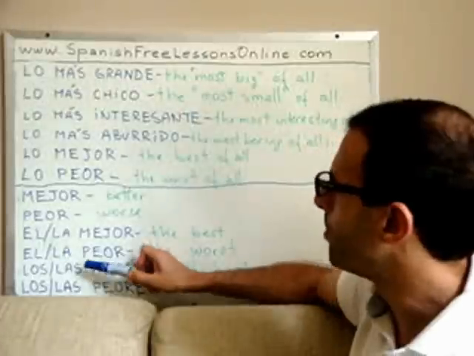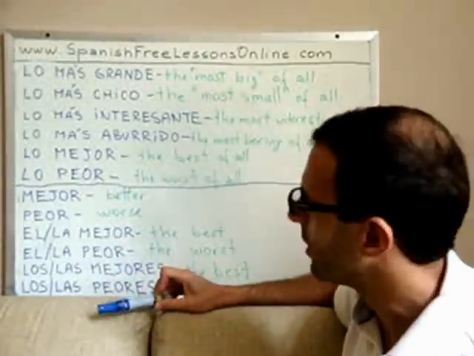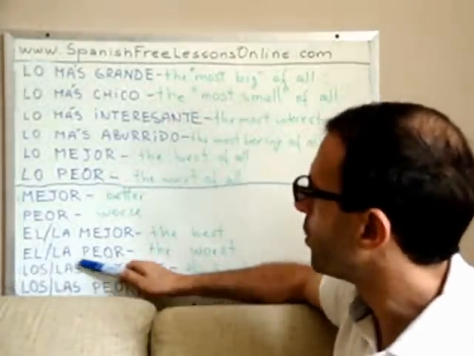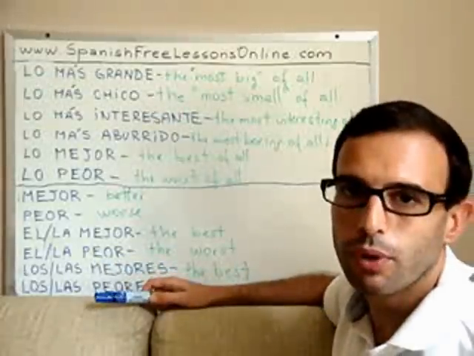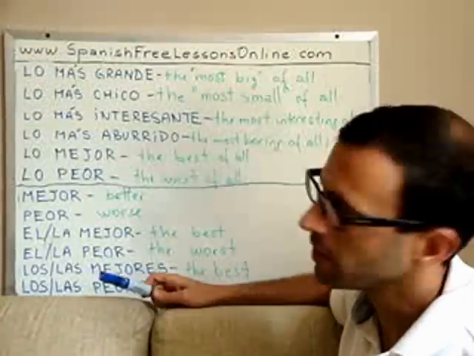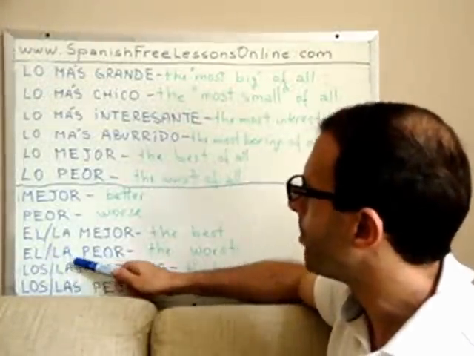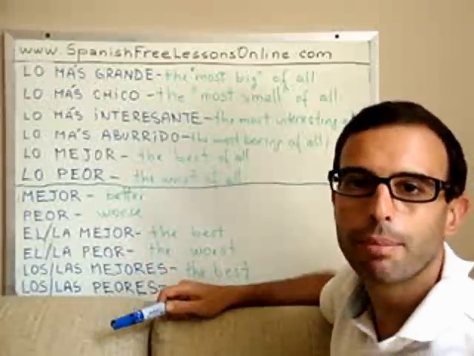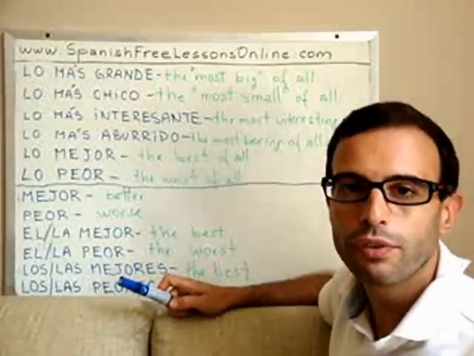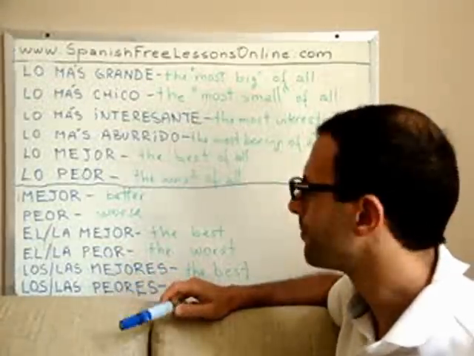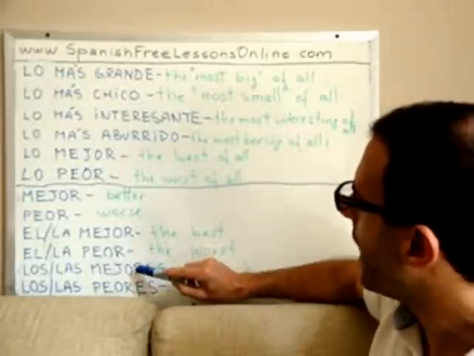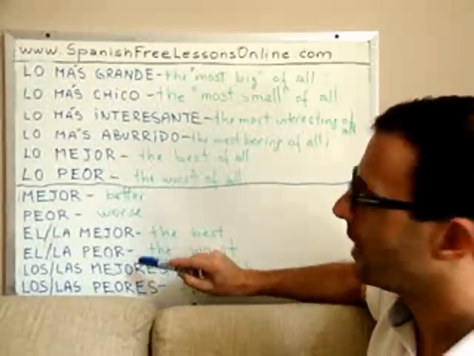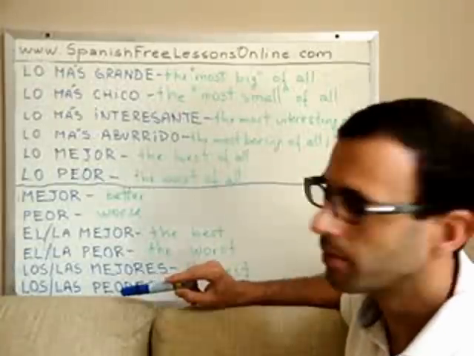Same thing with peor, or worse, right? The worst, el peor, the worst for masculine. La peor, that is the worst for feminine. And the plurals, they add an E and an S for the plural, okay?